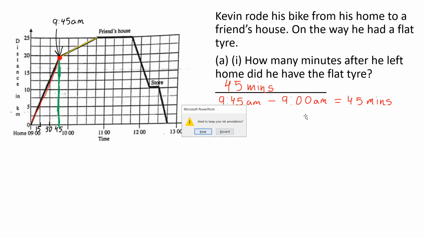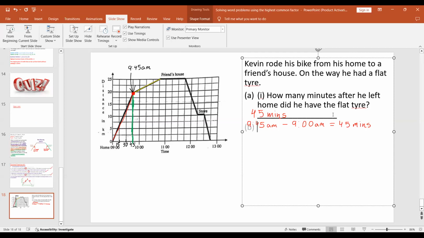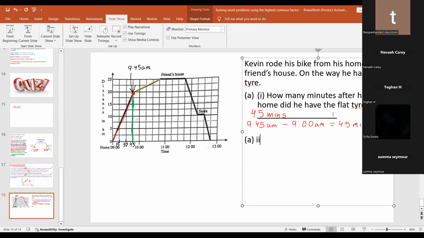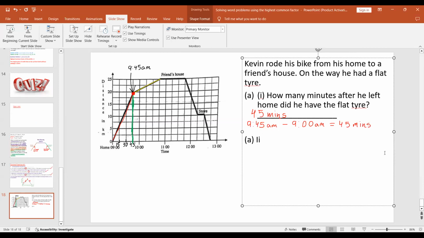So the next question says, it's still going to be A, but we're going to call this A double I. It says, write the answer as a fraction of an hour.